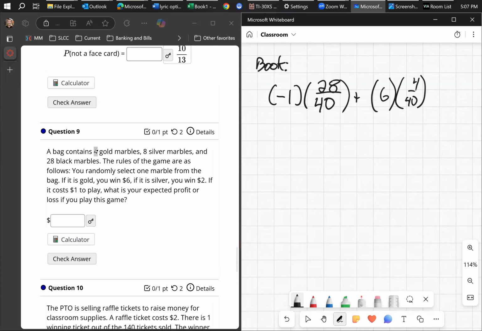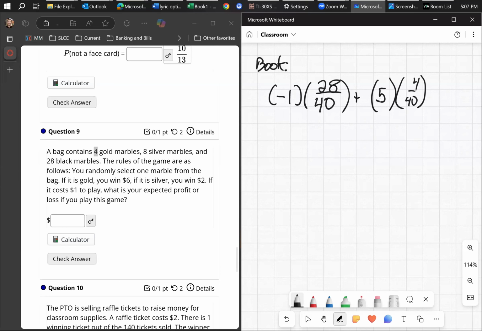Here's what the guy playing this game, like if I let you play this game and there's my money and my rules and everything else, you're going to give me $1. And then if you pick a gold, I only have to give you $5 because I already have your original $1 to give back to you. Or from your perspective, you started with $1 and ended with $6, and you can see that you won $5.